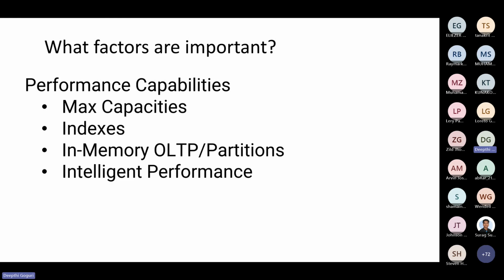They won't be very useful for the inserts, right? To retrieve the data, indexes are really helpful. And if you are using in-memory OLTP systems, business critical is the only tier where you can use them.